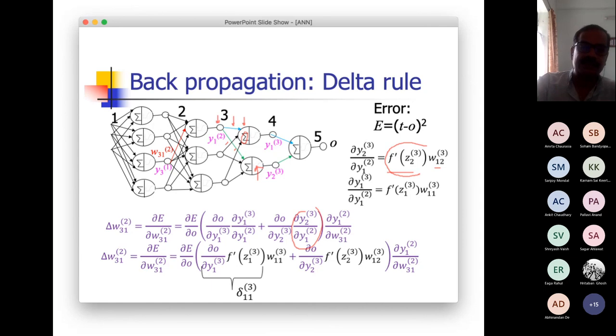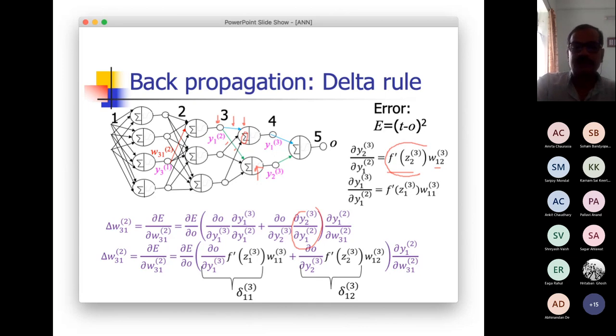It is delta 113, and you can also call it delta 13 at this point, and then you multiply with W113 this way. Similarly, here it is delta 123, because it is the 12 node, or you can call it delta 23 also.